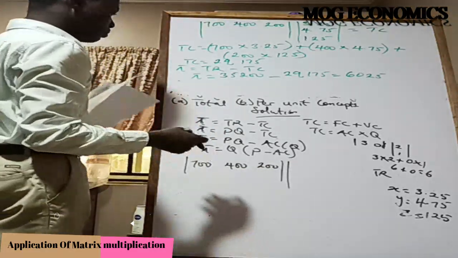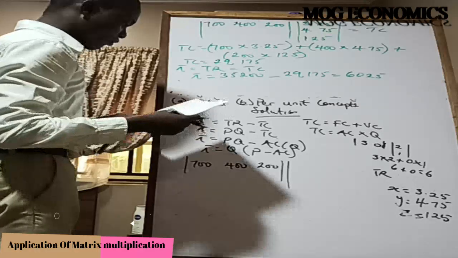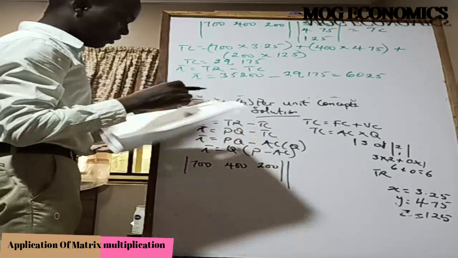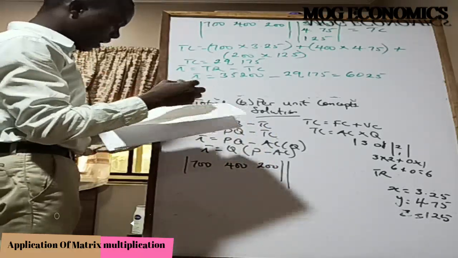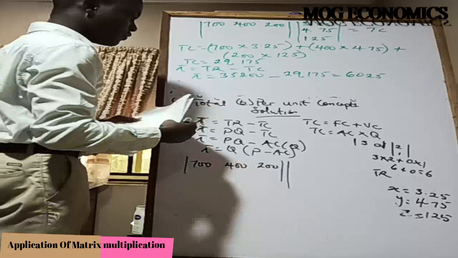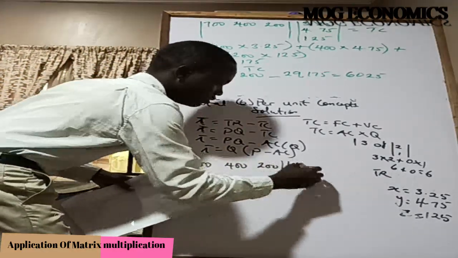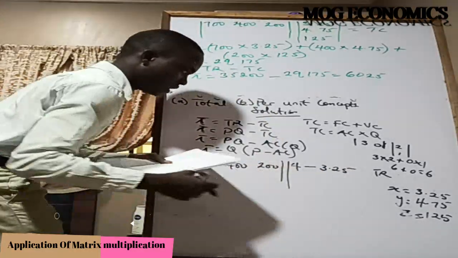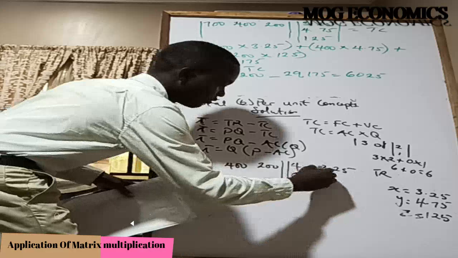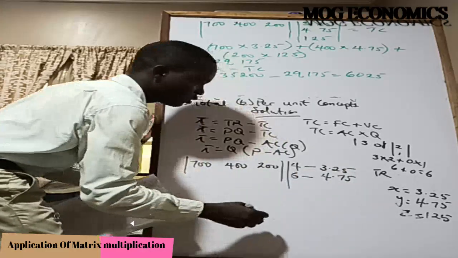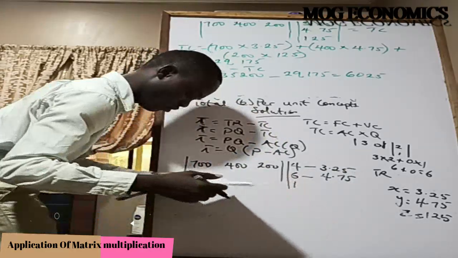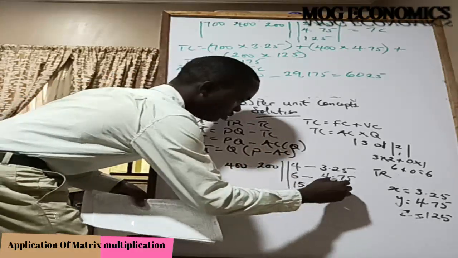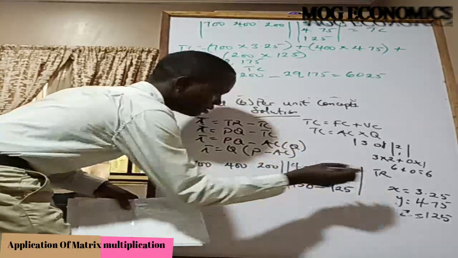The first price was 4, so we have 4 minus 3.25. That is P minus AC. The next price was 6 minus 4.75, and then the third is 150 minus 125. So this is what is meant by the per unit concept.